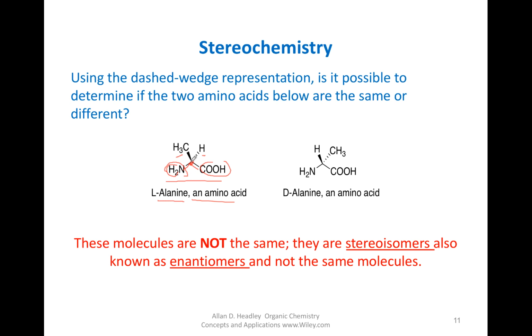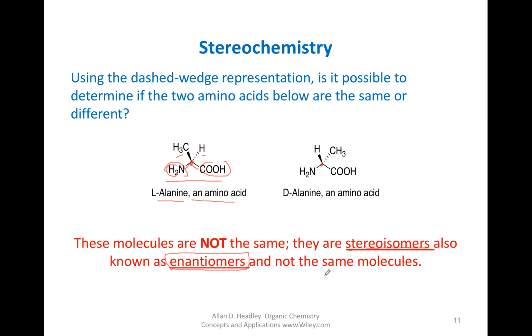The body can recognize that, but on paper, they look very close, very similar, except in the three-dimensional arrangement of the groups or atoms bonded to the central carbon. So these molecules are known as stereoisomers, and to be specific, they are called enantiomers.